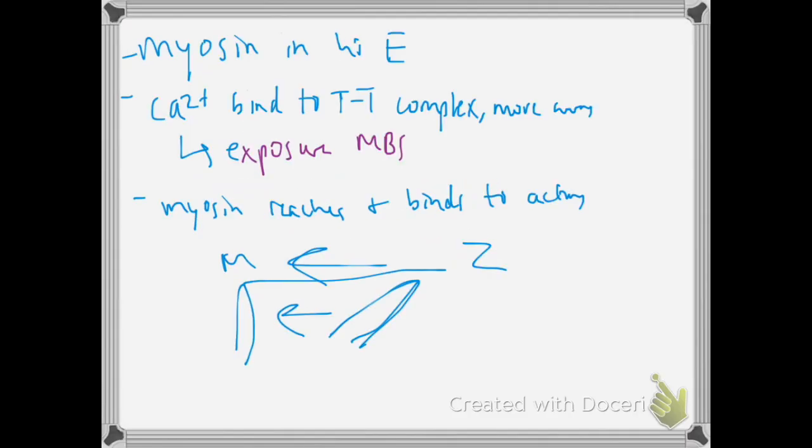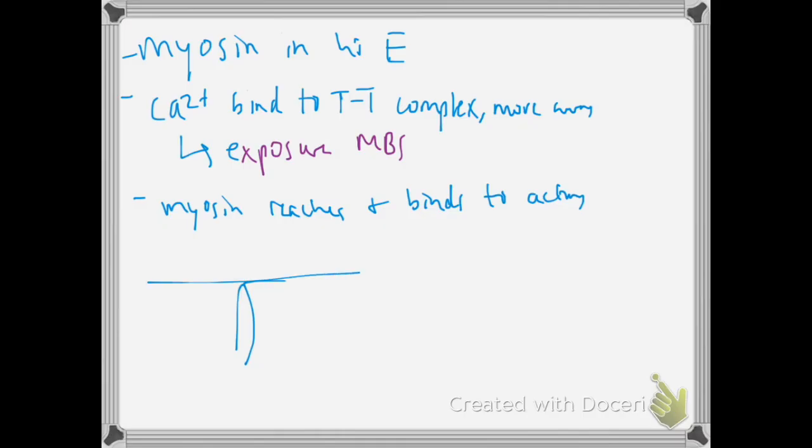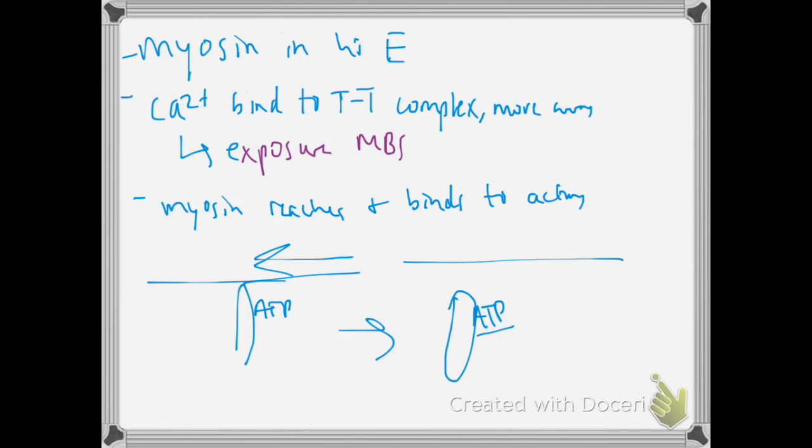In my last picture, I've changed this conformation. I've moved my thin myofilament inwards, and now I'm going to attach ATP to this. When I attach ATP, it lets go of that actin, because whenever my ATP binding site is filled with ATP, my actin binding site is disabled.